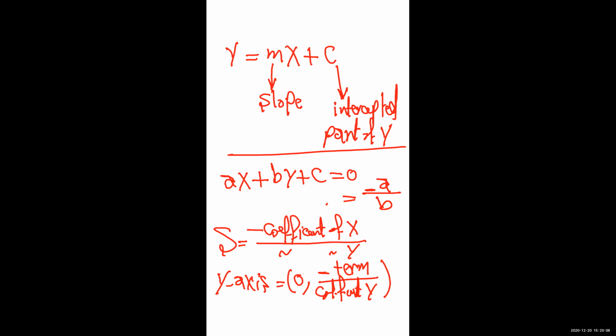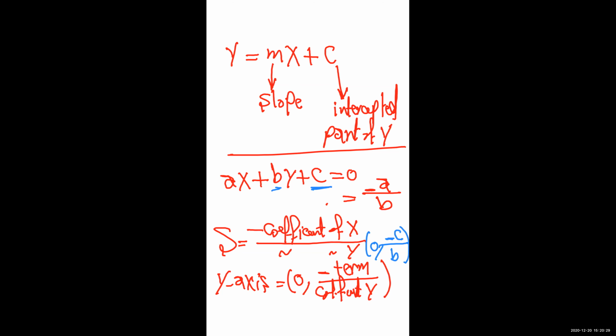And the intersection point, I will change this color, will be 0 and negative absolute term, I mean negative c, over coefficient of y, which is b. Okay, are we clear till now? Yes. Okay.